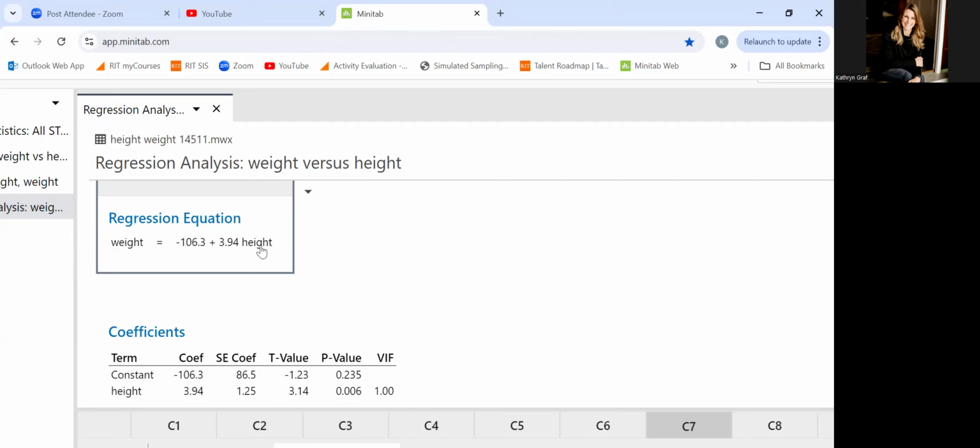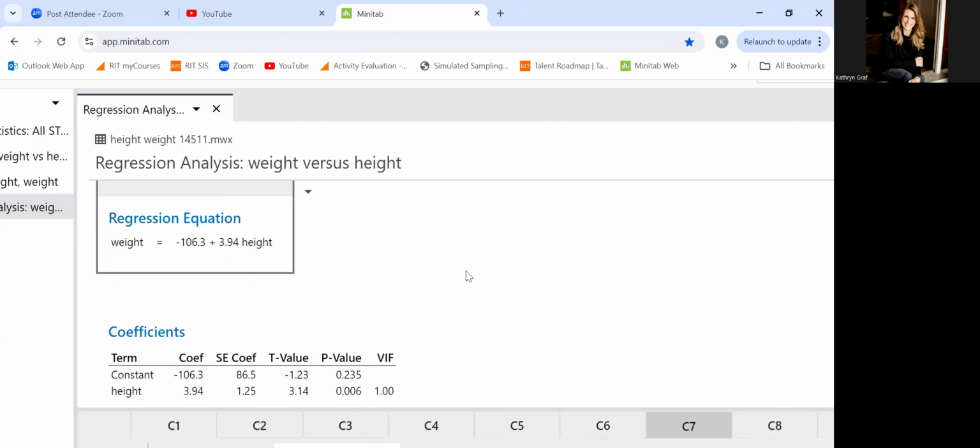This just has a swapped order where it's Y equals my b, which is my y-intercept, which is the negative 106.3 plus my mx. Okay, so my slope of the line is 3.94. So just keep that in mind when you're using this feature, that the order in which your slope and your y-intercept are given are just swapped from what we're used to.